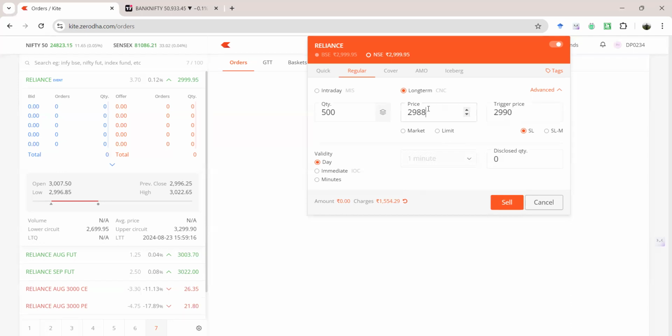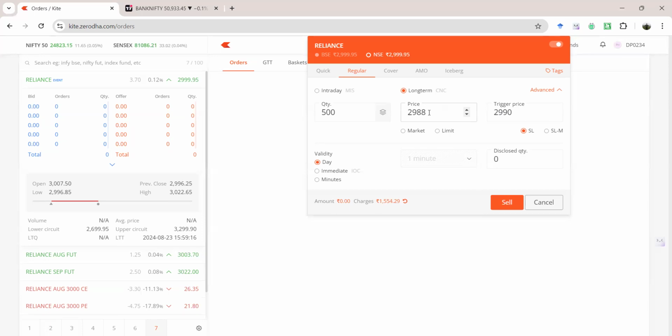But if it goes even below our limit order and the order is not completed, the trigger will still remain valid, and if the price comes up again to 29.88, then execution will happen. If it doesn't come, it is not possible for it to execute.